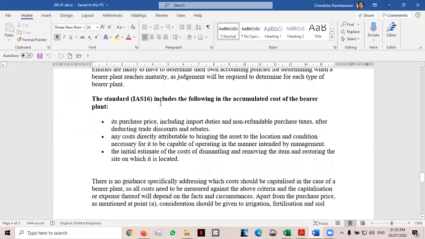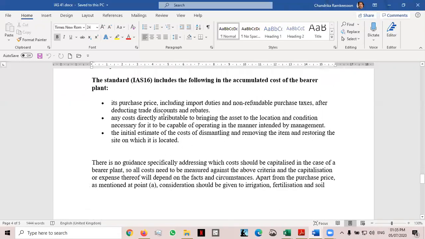And this is what IAS 16 includes in the accumulated cost of the bearer plant. Please read it through. Purchase price, costs directly attributable to bringing the asset to its present location and condition necessary for it to be capable of operating in the manner intended, and the initial estimate of the cost of dismantling and removing and so forth.